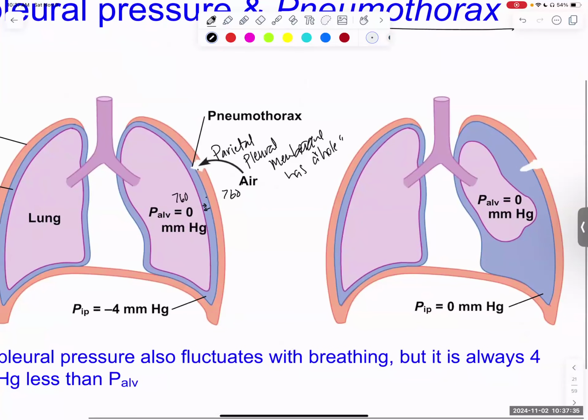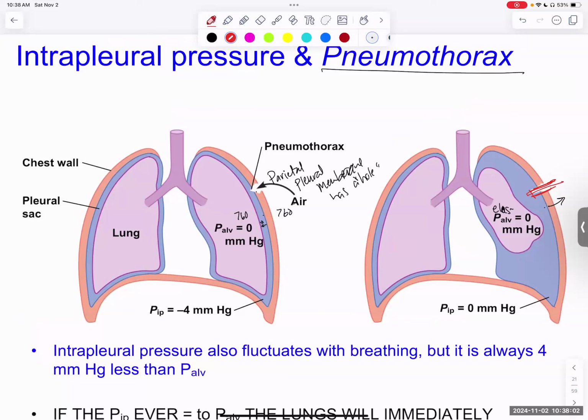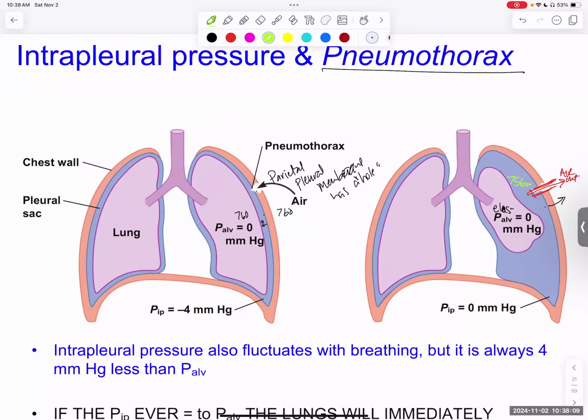And so remember, the lung is elastic, so it's going to snap back. There's nothing to keep it with the chest wall anymore. So the chest wall can expand, but the lung's still going to be collapsed. This is when you have to put in what they call a chest tube. If you're putting in a chest tube, you put a tube in here and you pull air out to reestablish less pressure.